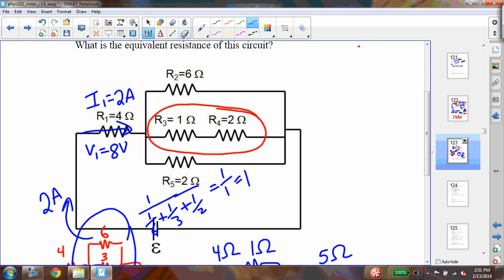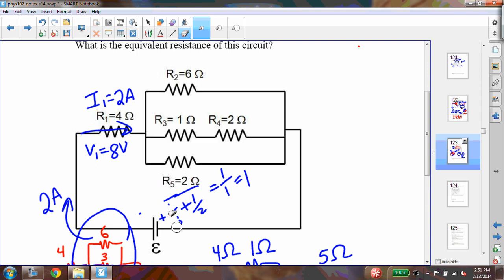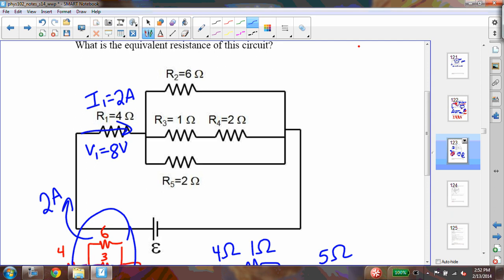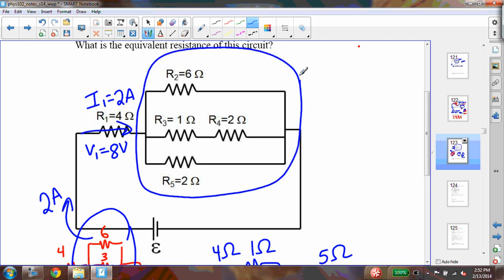So then, what is the voltage across this parallel branch? Well, if I have 8 volts across that resistor, that means I have 10 volts minus 8 volts equals 2 volts.